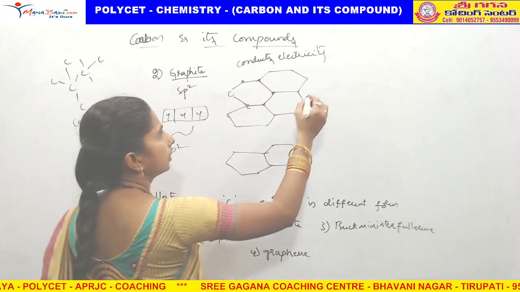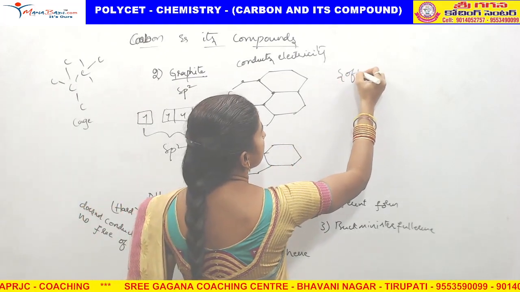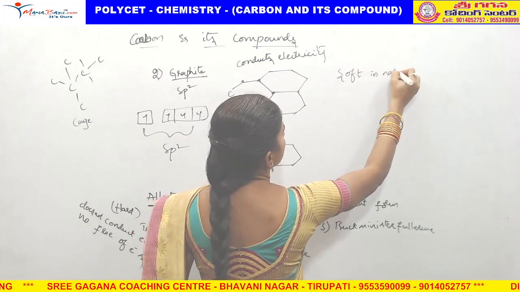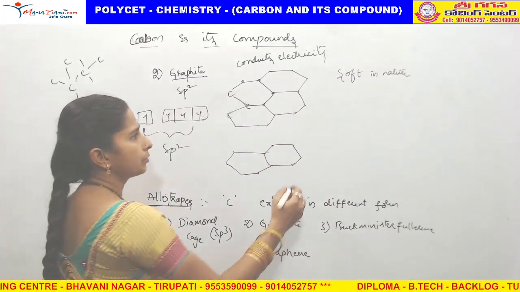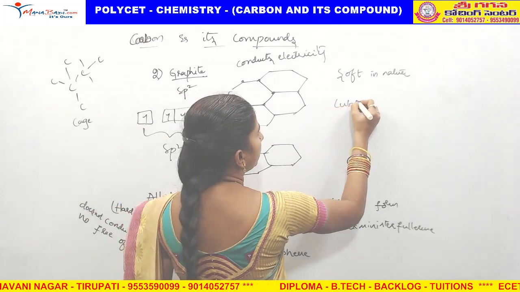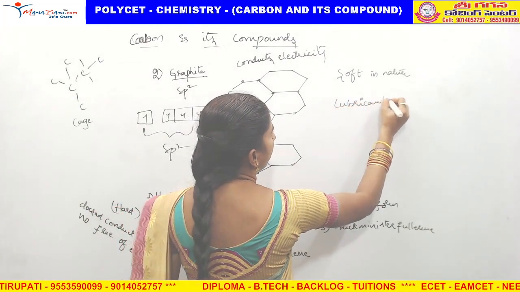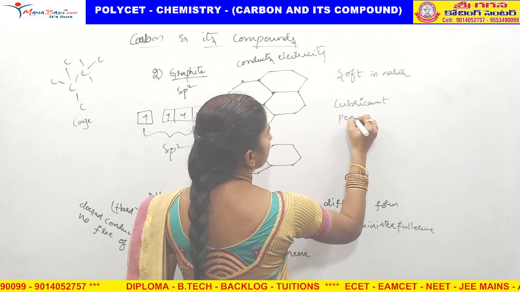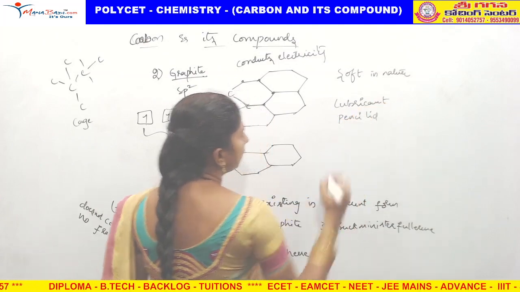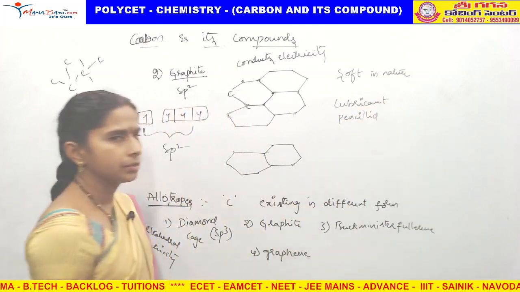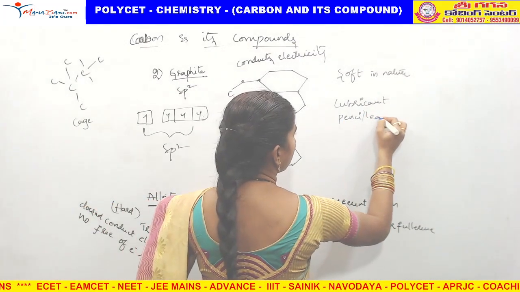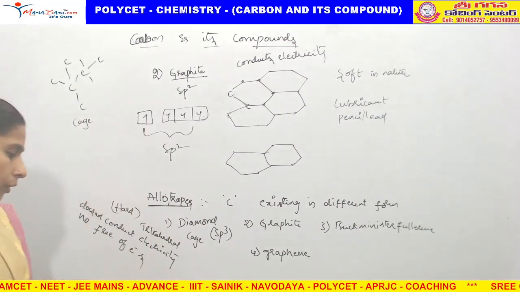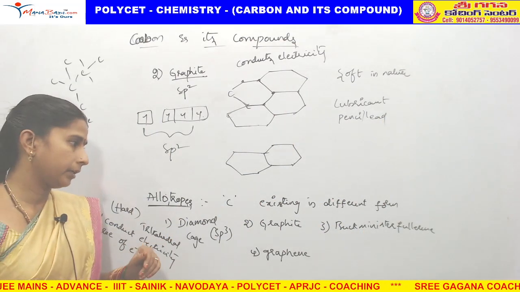It is soft in nature, and we use it as a lubricant and as pencil lead. So these are the uses and structure of graphite.